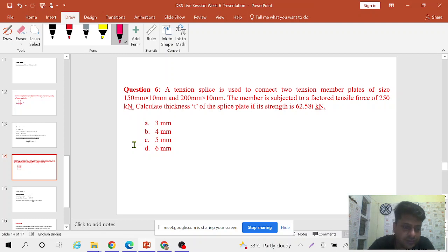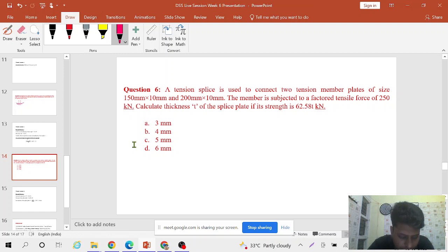Sir, when the tension member is not one piece, then to connect two tension members we use splicing. Why can we not accommodate it in a single tension member? Why is there a size restriction? When we go to the market, we get a proper length of tension member, but beyond that we are not able to get.